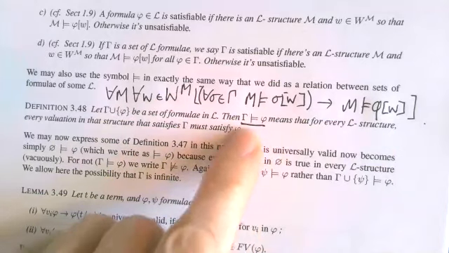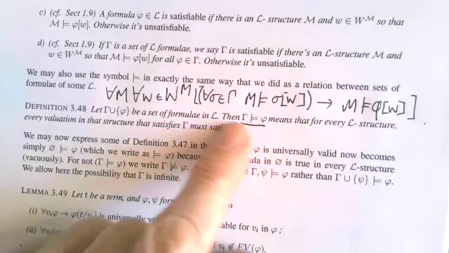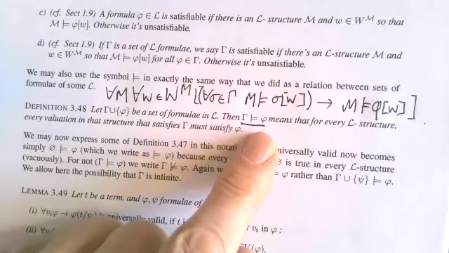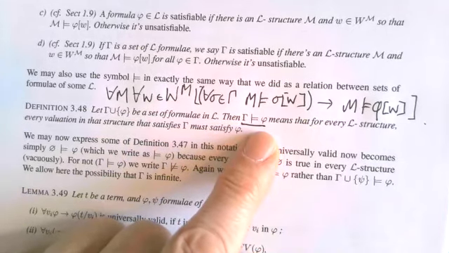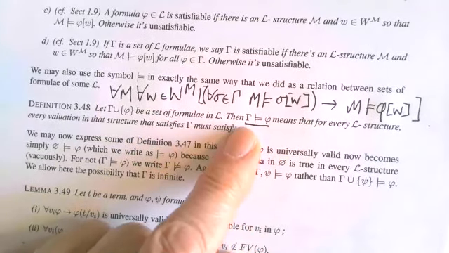So this is kind of abstracting away from structures and valuations. Okay? It's a relation between sets of formulae. But it refers to structures out there in the real world.